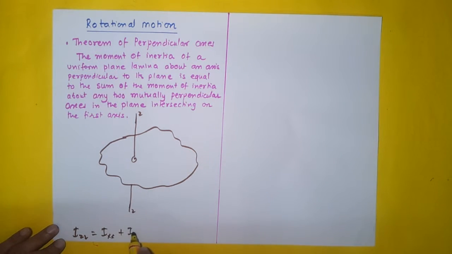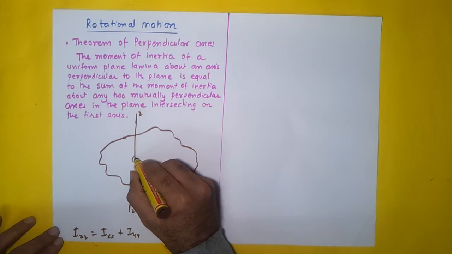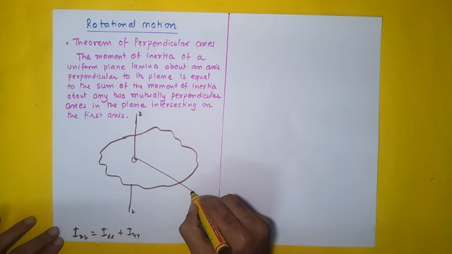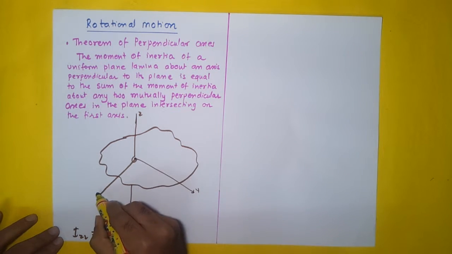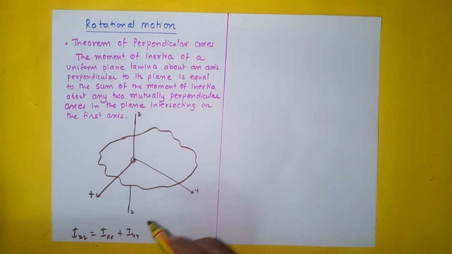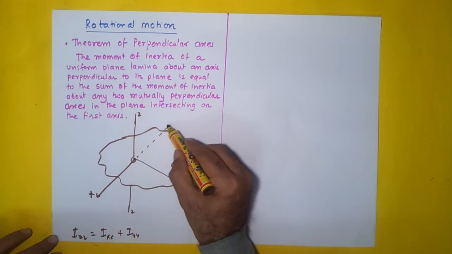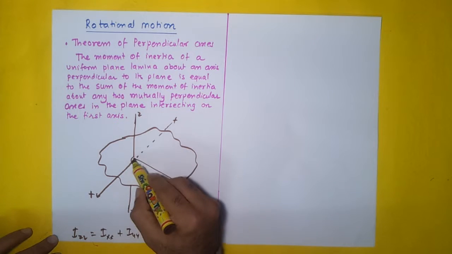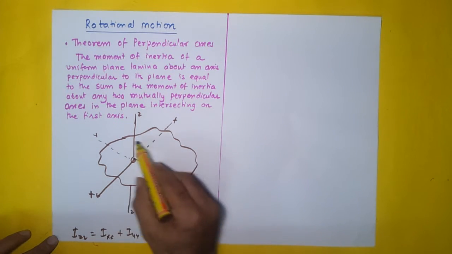IXX plus IYY, where XX and YY are two axes which are perpendicular to each other and are in the plane of this lamina. So let us say this is axis Y, and this is axis X. So these two axes XX and YY, you can show it over here, X, and I can extend this in this direction and say Y. These are two axes which are in the plane of the lamina.